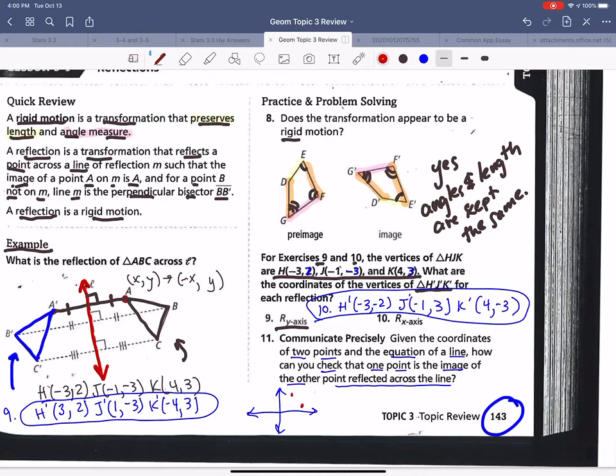Given the coordinates of 2 points and the equation of a line, so let's say the equation is, I don't know, y = 3. So I'm given 2 points and I'm given the equation of a line. How can you check that one point is the image of the other point reflected across that line? Okay, we did talk about that.